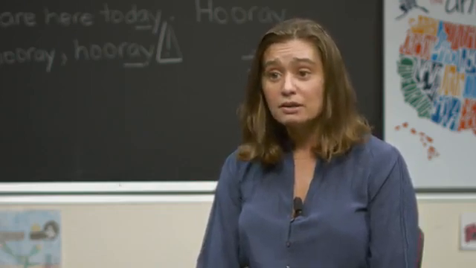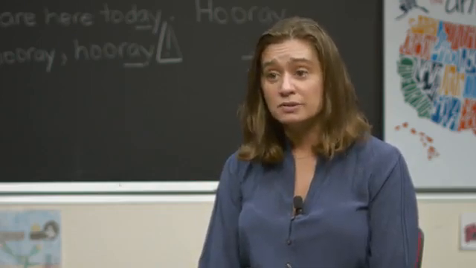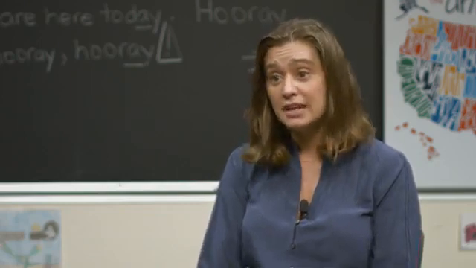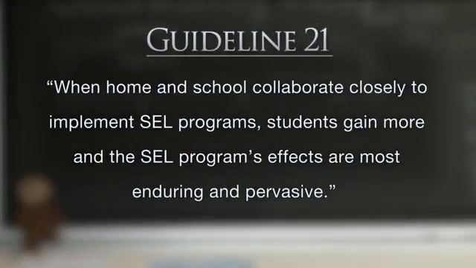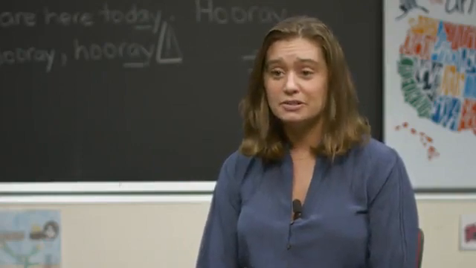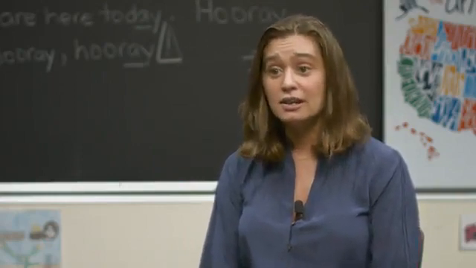For example, Guideline 21 speaks to the importance of continuity between home and school relative to SEL, stating, "When home and school collaborate closely to implement SEL programs, students gain more and the SEL program's effects are most enduring and pervasive."